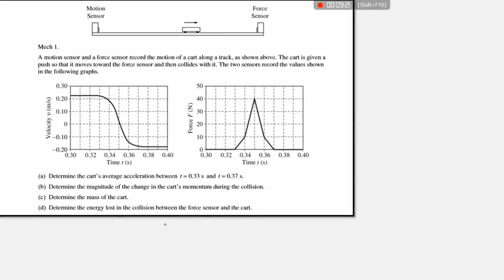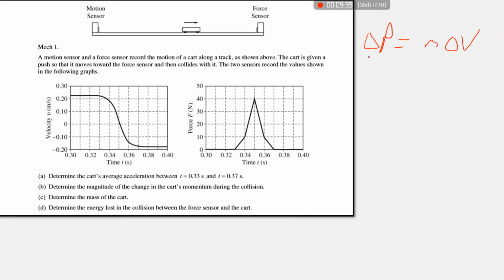Okay. So you're saying our impulse is mΔv. Mm-hmm.